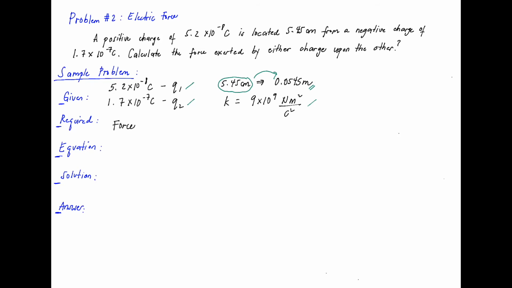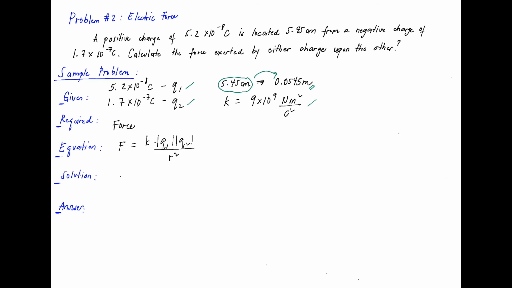In order for us to compute for the force, we have this equation. Force equals K multiplied by the absolute value of Q1 multiplied by the absolute value of Q2, over R square.